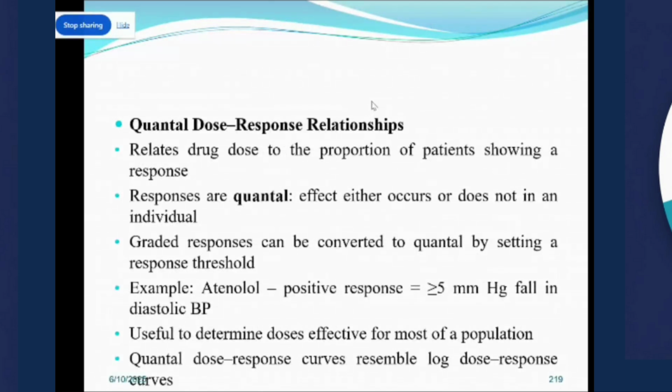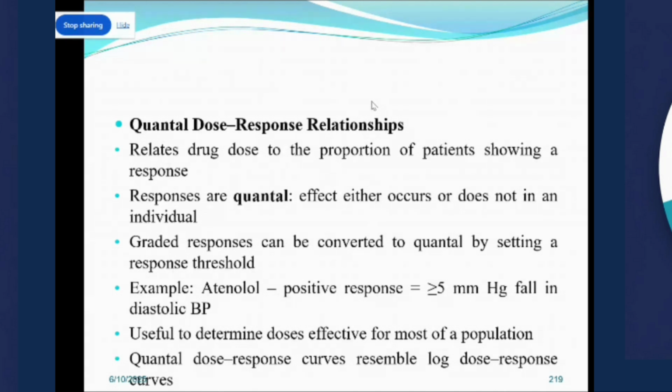The graph will illustrate the relationship between the dose of a drug and the proportion of a population that exhibits a specified response. In other words, which dose is able to give us which kind of response in a certain percentage of the population.